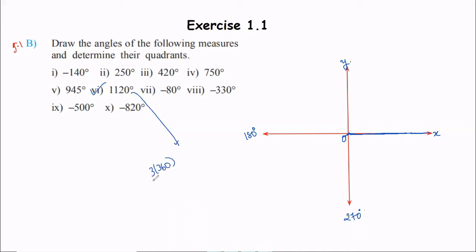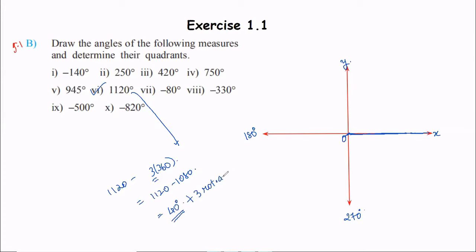That means first we need 3 rotations of 360 degrees, and then whatever the difference is, we will add up. So we will subtract 3 times 360. So 1120 minus 1080. Yes, it's 1080. The difference comes out to be 40 degrees.